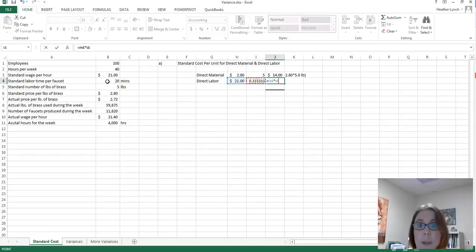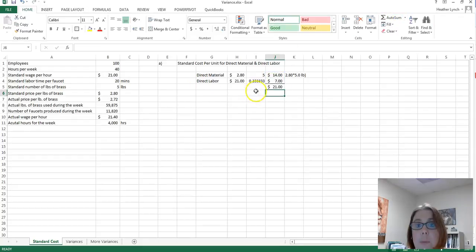If I multiply that out, that gives me my standard cost per unit for direct labor of $7. So if you ever run across a problem, they may ask you what the standard cost per unit for direct material and direct labor is.